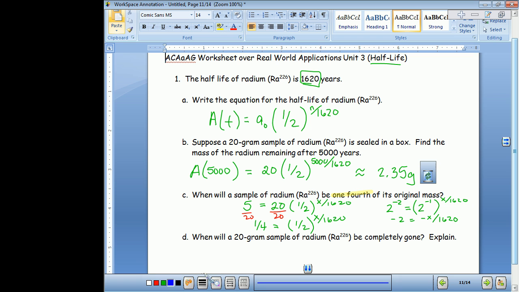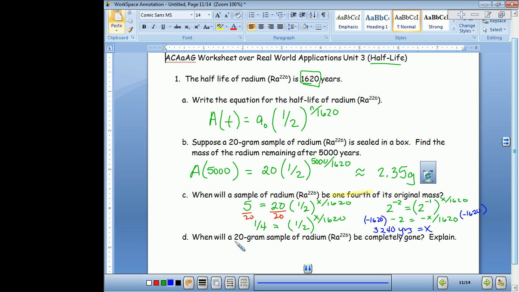So if I multiply both sides by -1620, I get that x is equal to 3,240 years. So that's how long it would take us to be down to a fourth.